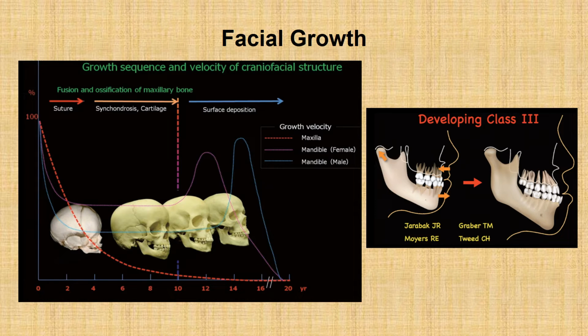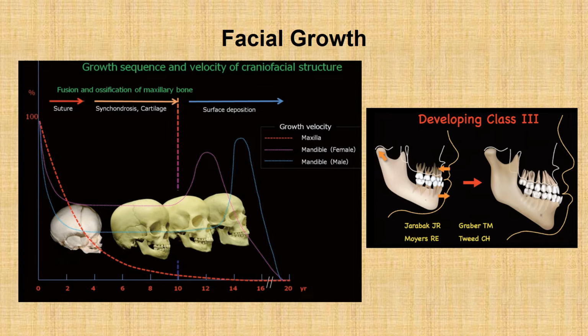Okay, facial growth. As you can see in this graph, now this is the growth of the maxilla. Now this purple outline is the growth of the mandible in females, and the blue outline is the growth of the mandible in males. As you can see, the maxillary growth finishes early, and by about 10 years of age, most of the maxillary growth is completed.